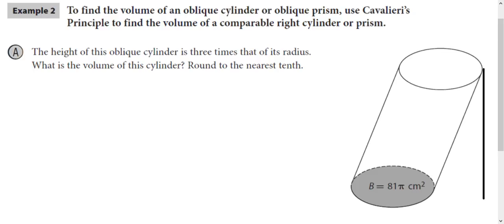So for this example here, we've got an oblique cylinder. We're trying to find the volume. So we need the area of the base times the height. We don't know what the height is yet, so we're going to do a quick little calculation to figure that out. Because we know the height is 3 times its radius.